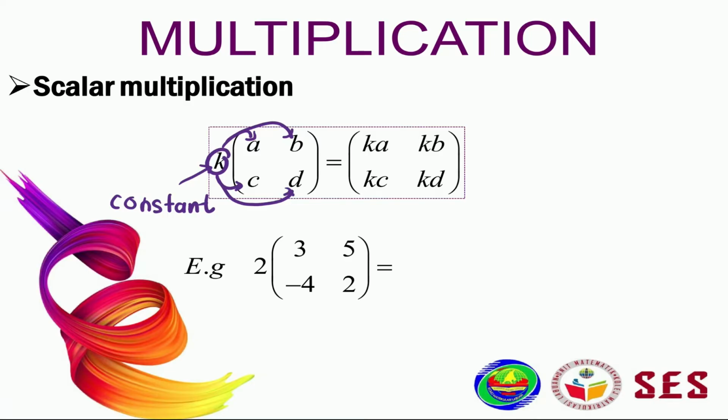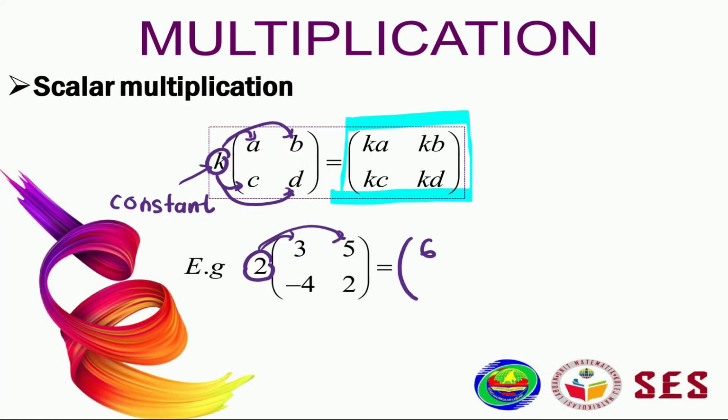For example, we have 2 multiplied with a matrix 3, 5, -4, and 2. In order to multiply, we just multiply the constant with each element in the matrix. So you will get the answer.